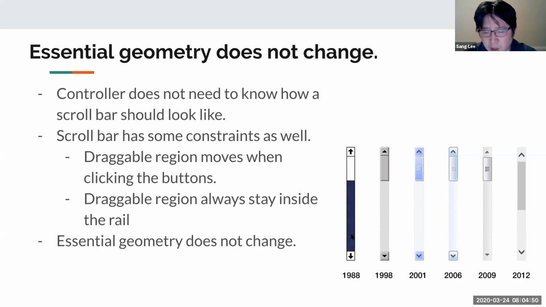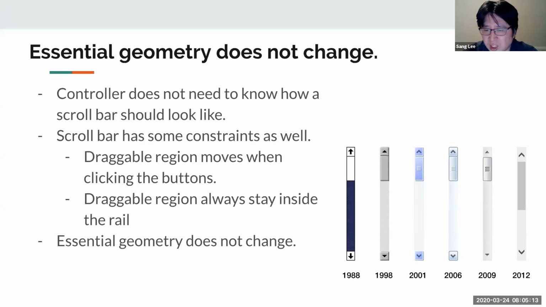Typically, we do not implement essential geometry ourselves. It comes from the GUI framework, but understanding essential geometry is going to give you a good way to test your GUI software.